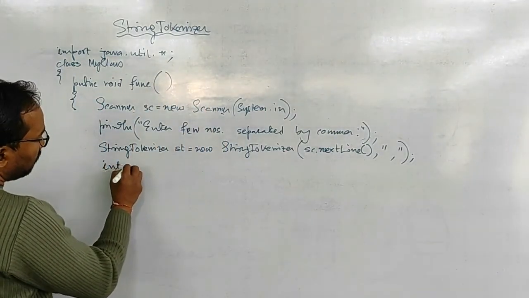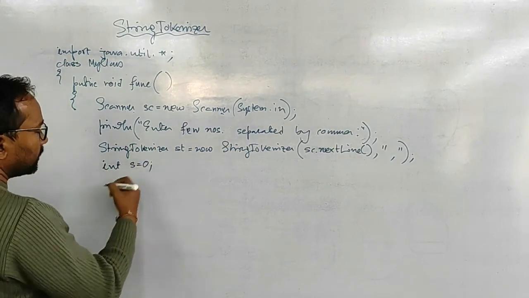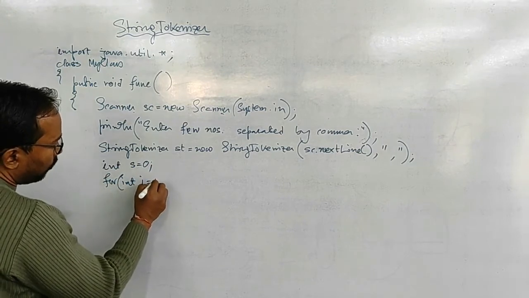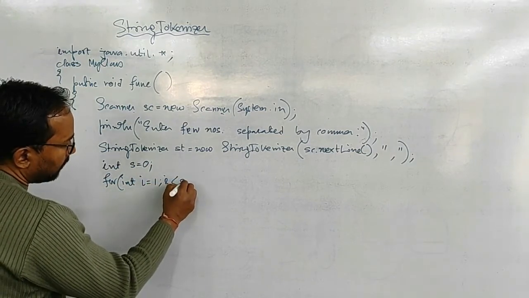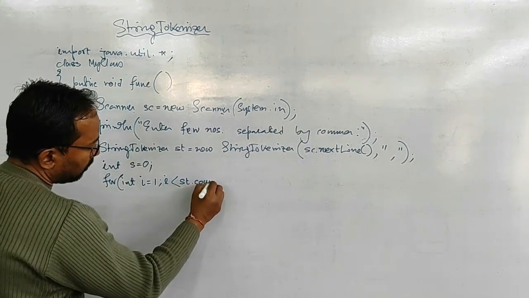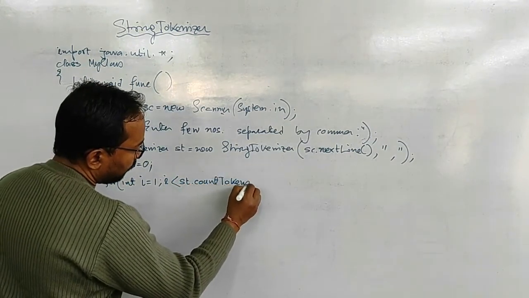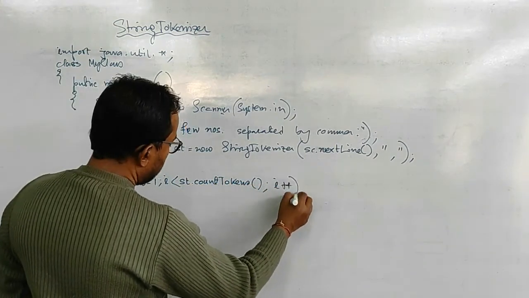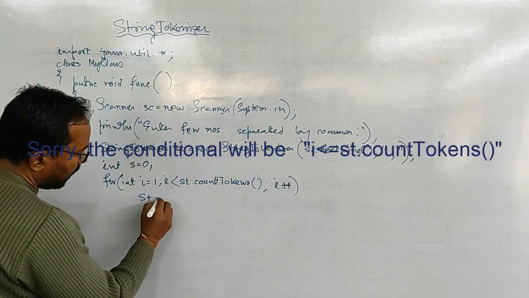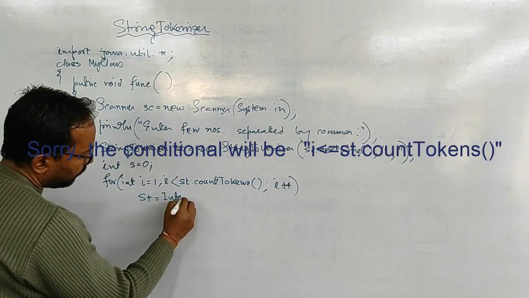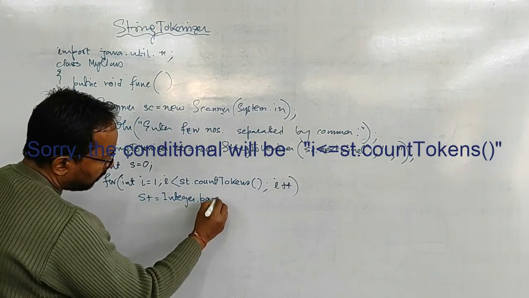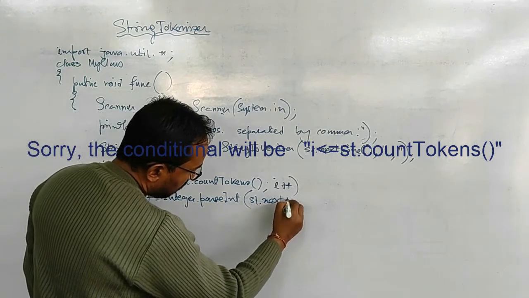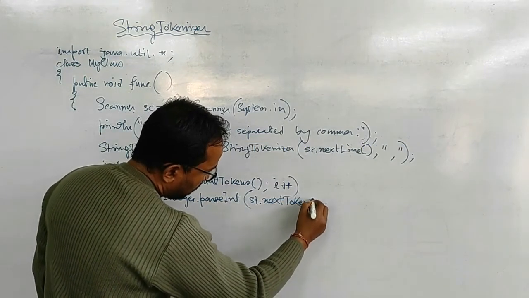Now you need one sum variable s equal to 0, then just like the previous program, i equal to 1, i less than st.countTokens(). The loop will execute token times, then i plus plus. Here what to do is s plus equal to Integer.parseInt(st.nextToken()).